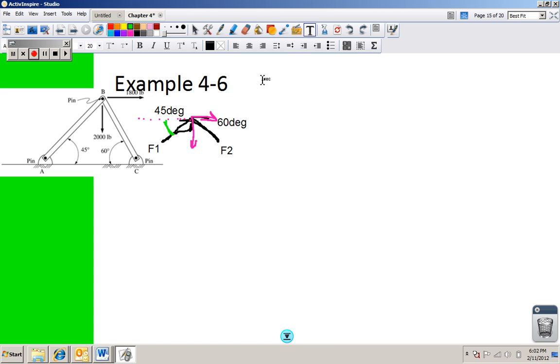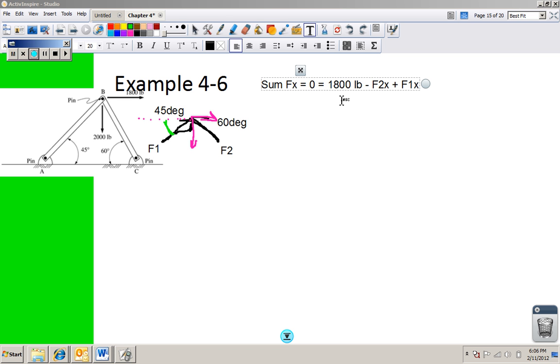We're going to start with sum of the forces x. They're equal to 0. Okay, and we have 1,800 pounds acting in a positive direction. Then we have minus F2x because it's going in a negative x direction. Okay, and then we have plus F1x. Okay, so let's look at what this looks like.